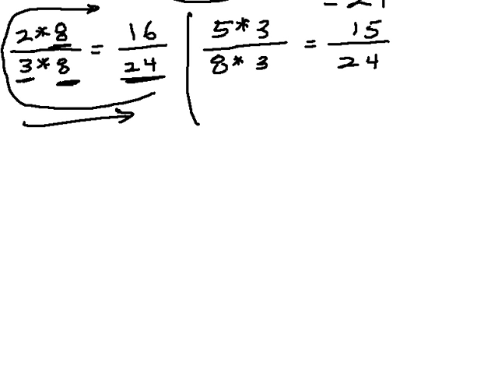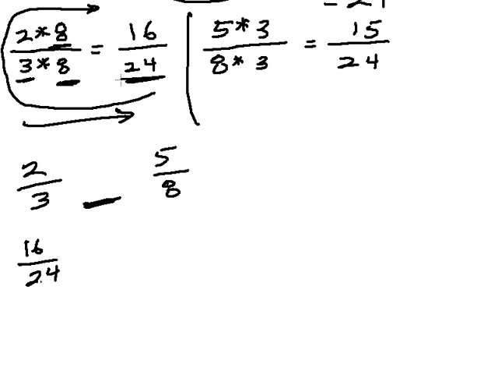So, the problem, 2/3, what symbol has to go here compared to 5/8? Well, 2/3 is 16 over 24. We've made equivalent fractions. We made an equivalent fraction, 2/3 to 16 24ths. 5/8, we made the equivalent fraction 15 over 24.